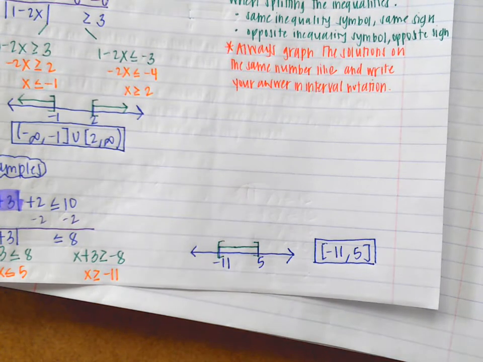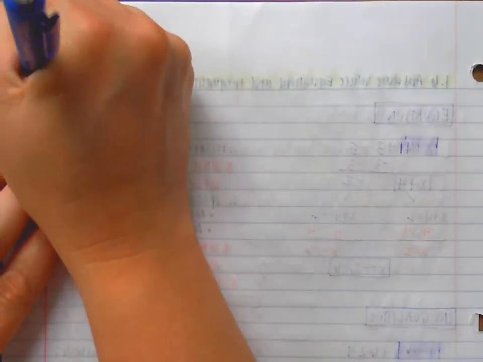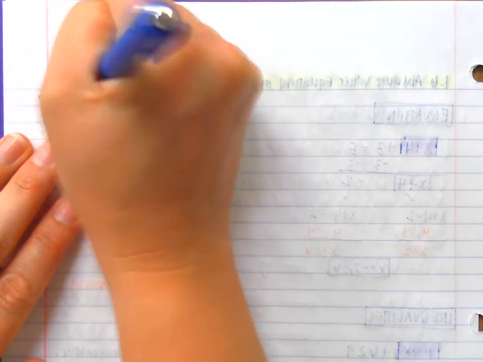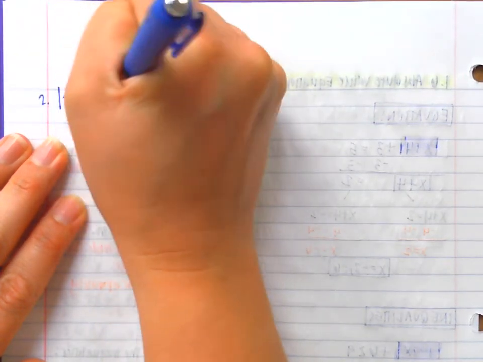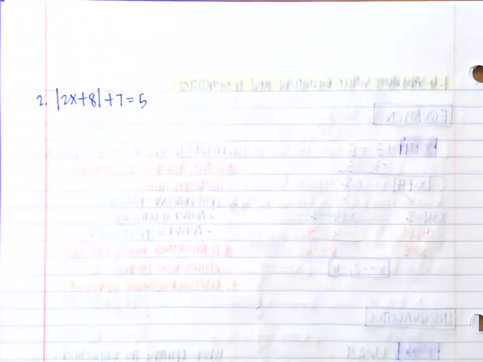Okay, let's do a few more examples. We'll do some kind of quick ones to see some different ideas here, but I'm going to turn my page. Okay, so let's go into the absolute value of 2x plus 8, plus 7, is equal to 5.